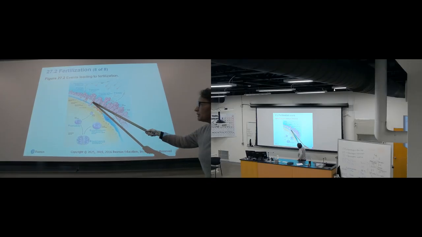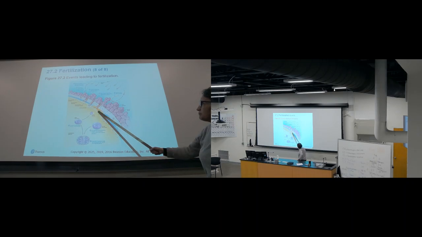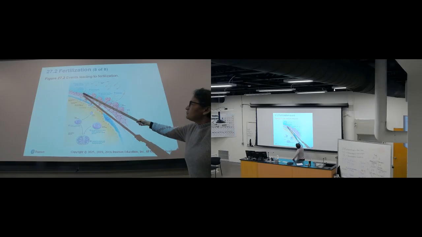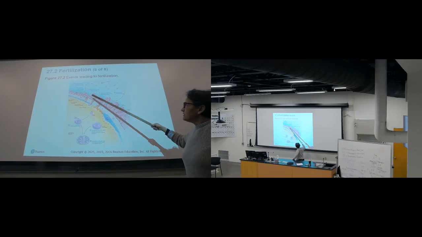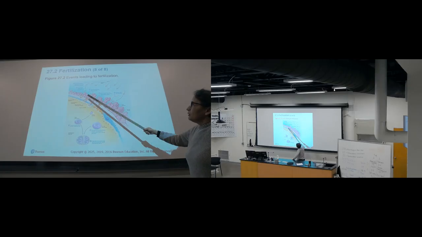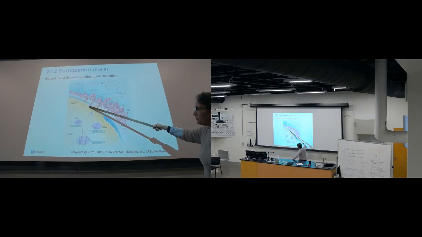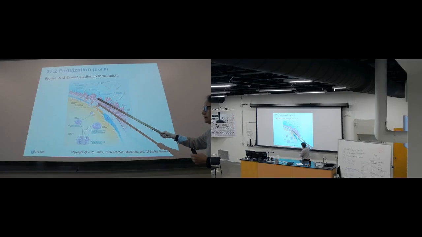And then here we have the zona pellucida, and this is the plasma membrane of the cells. So then this one, the one that enters first before the rest, will enter binding to these zona pellucida receptors, will be able to fuse its plasma membrane and to enter.